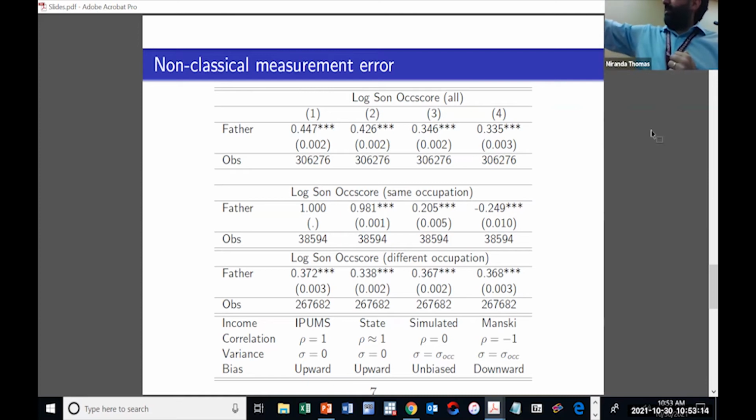When you look at the third column, which is the one I like best, the correlation is 0.2. Now, if there's only one occupation in that category, then you will have a correlation of 0. But because there are different occupations across the pairs of father and son that have the same occupation, you still get this estimate. Okay, and again, you go to the right, to the extreme, you assume that it's negative correlation, you get a negative number.